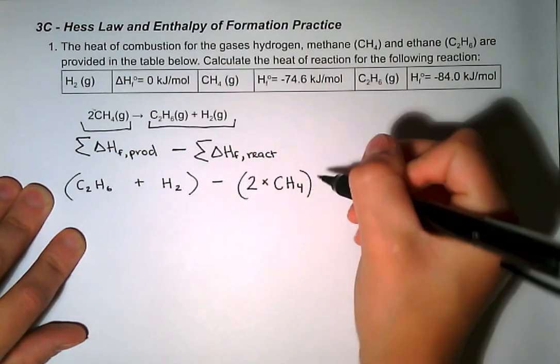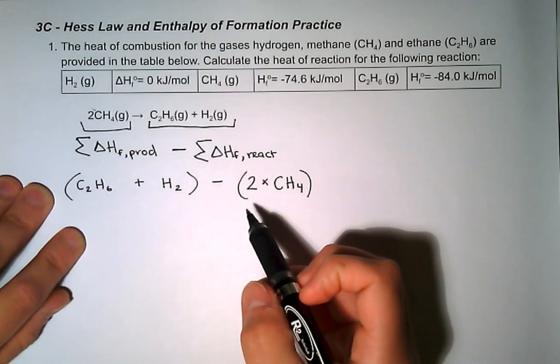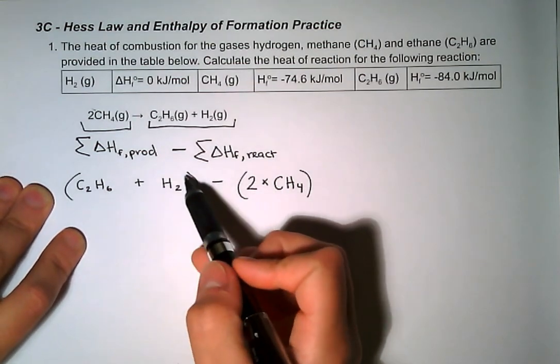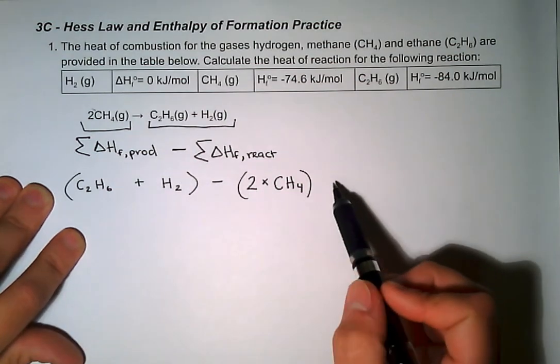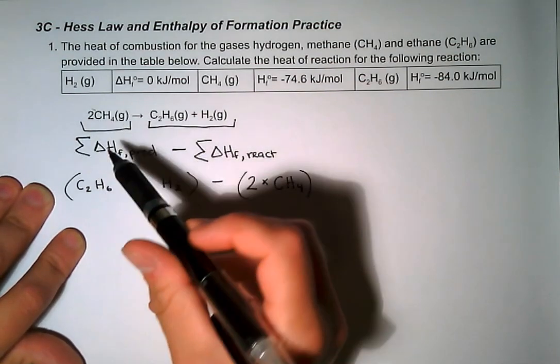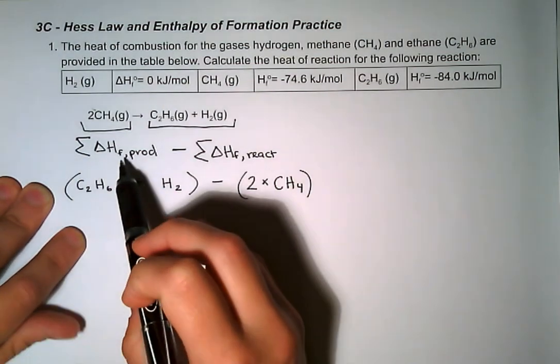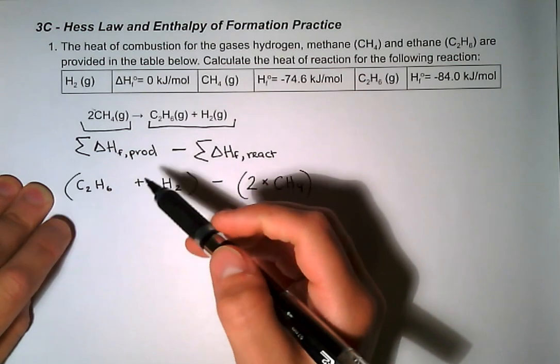This is not a real equation, but I always like to write out my products minus my reactants and multiply by my coefficients to remind myself of what I'm going to have in my equation to make my sums.